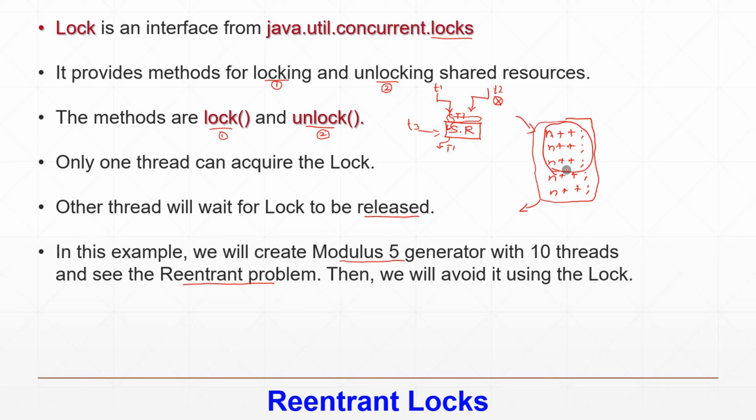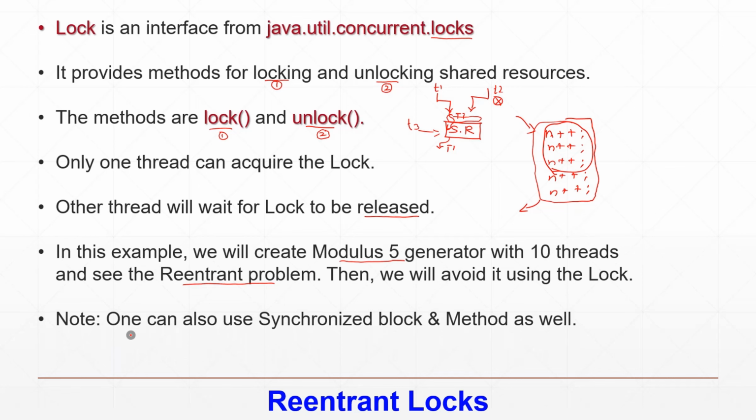If it breaks in between, then modulus 5 will not get generated. And we will see that when we go to the example. One can also use a synchronized block or synchronized method as an alternative to lock and unlock.